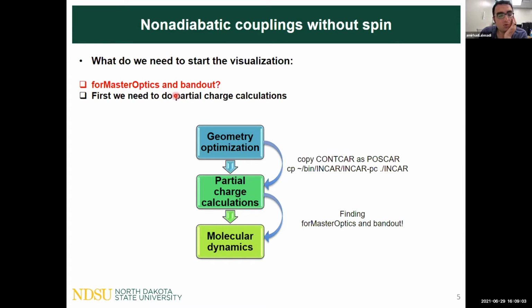To have these two files, we need to do some calculation using the files that we have from geometry optimization. So we can copy CONTCAR as POSCAR into, for instance, a folder named partial charge calculation, and copy the INCAR file related to the partial charge calculation, and then find the formaster optics and bandout.